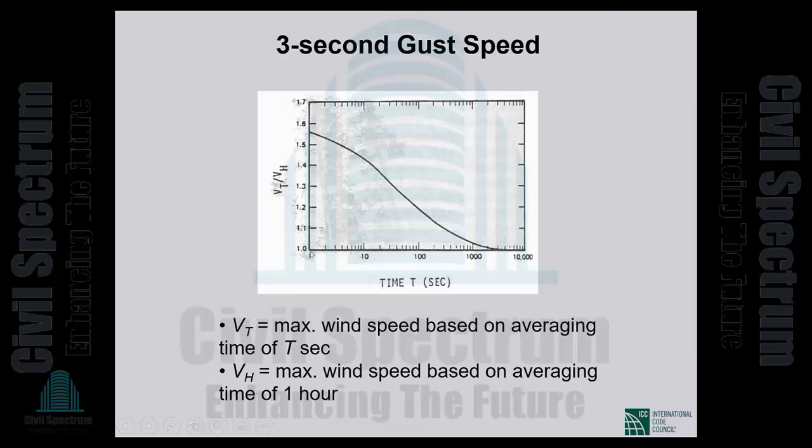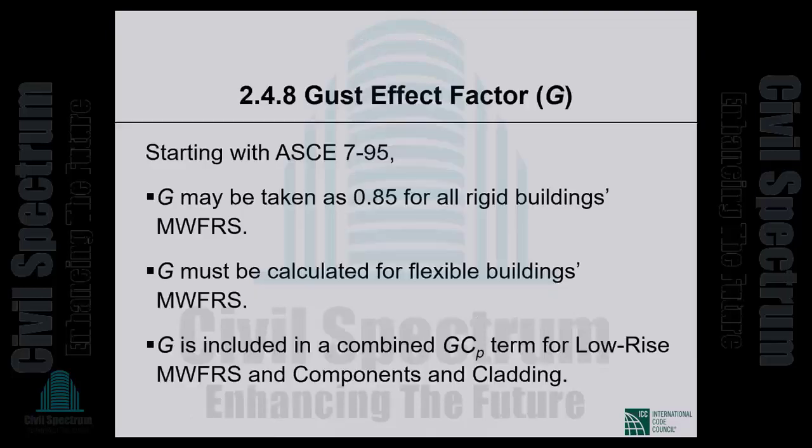This tells you that 1-second gust speed is about 155% of hourly wind speed. 3-second gust speed is something like 150% of hourly average wind speed. Okay, 150% or so. So the shorter the averaging time, the higher the average wind speed. This is something you absolutely have to know and understand.